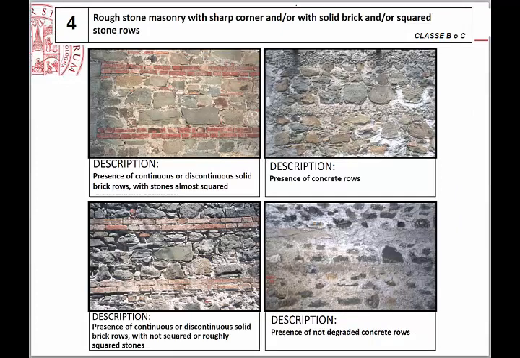Sometimes the masonries are organized with different materials. For example, this is a technology that was used in the past to improve the quality of the masonry. And there is a reason why it is improved.